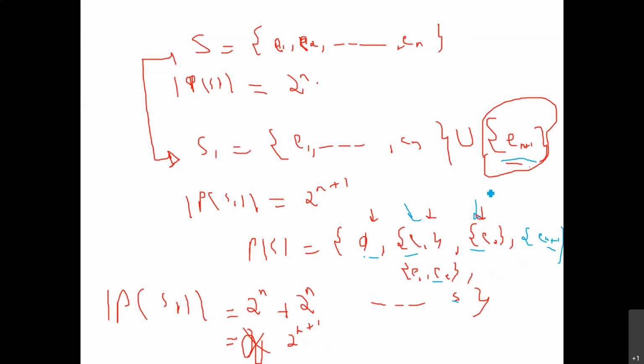By simply adding e of n plus 1 to each set you have, you're then going to get the whole power set. So simply, the power set of S1, which has n plus 1 elements, is going to be the previous power set plus all the subsets of the previous set having the element n plus 1. Now remember, they didn't have to be the same elements.